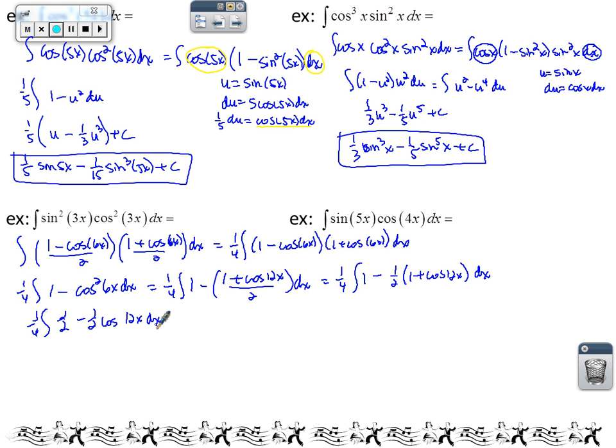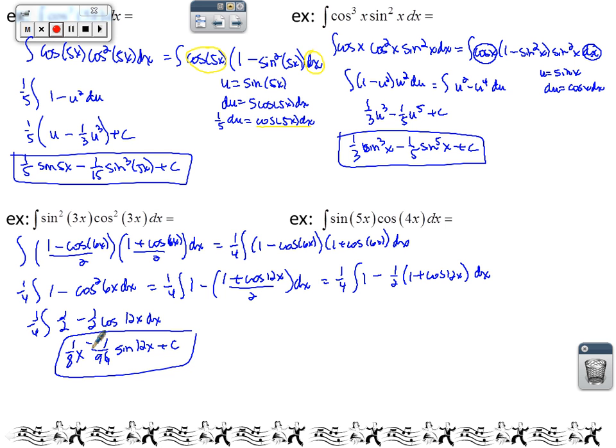What we should end up with is 1/8 x minus 1/96 sine 12x plus c. What?